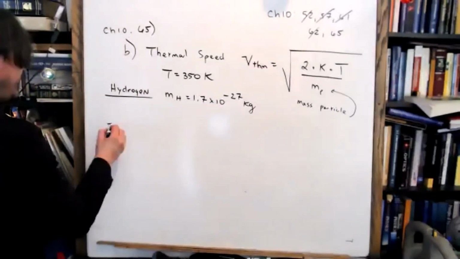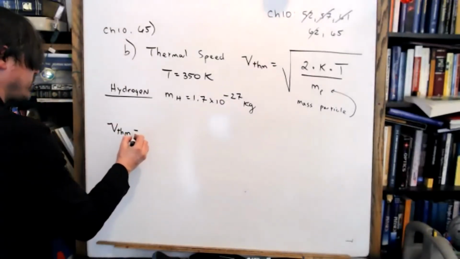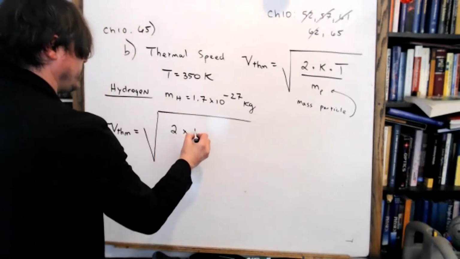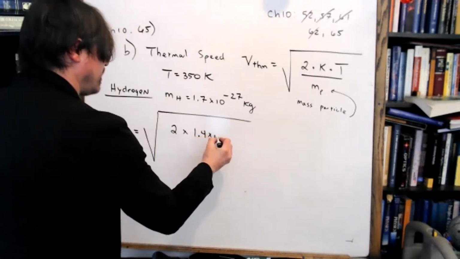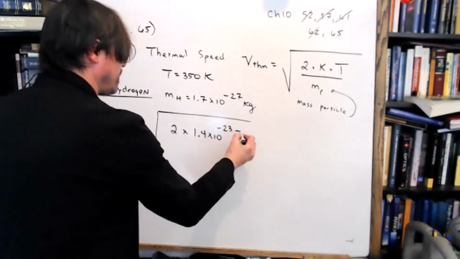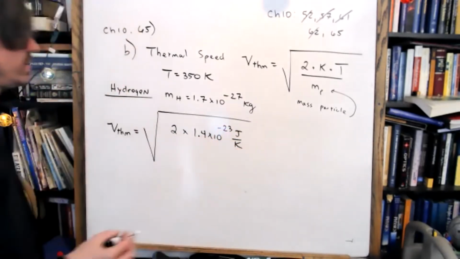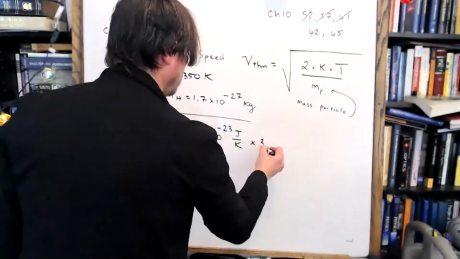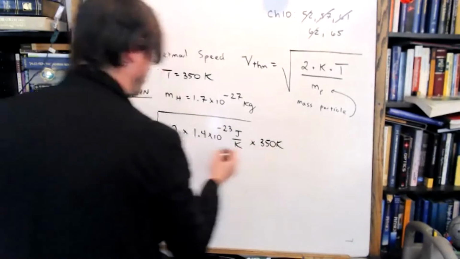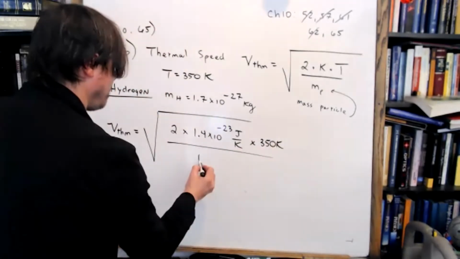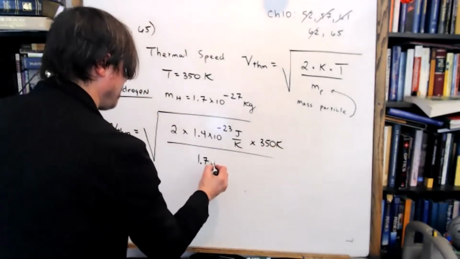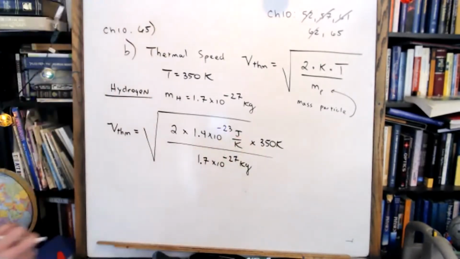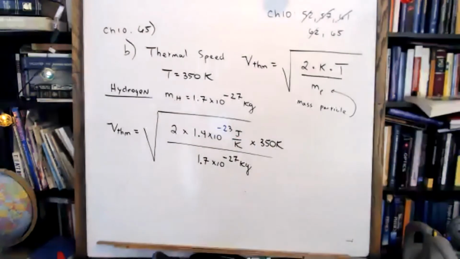All right, for hydrogen then, the thermal speed is the square root of 2. The Boltzmann constant is 1.4 times 10 to the minus 23 joules per Kelvin. The temperature is 350 Kelvin. The mass is 1.7 times 10 to the minus 27 kilograms.